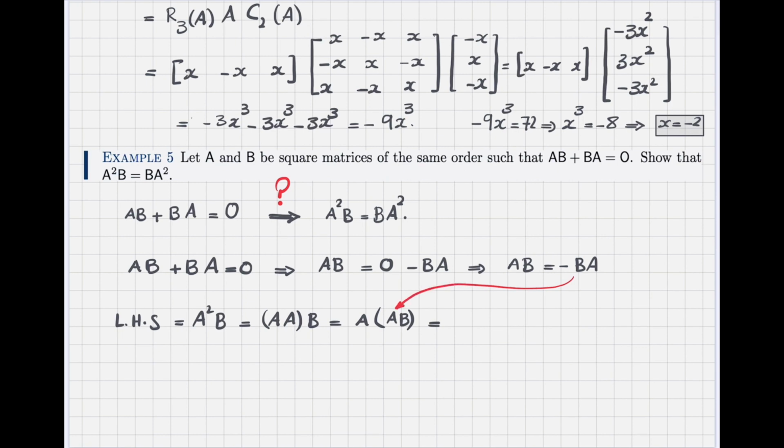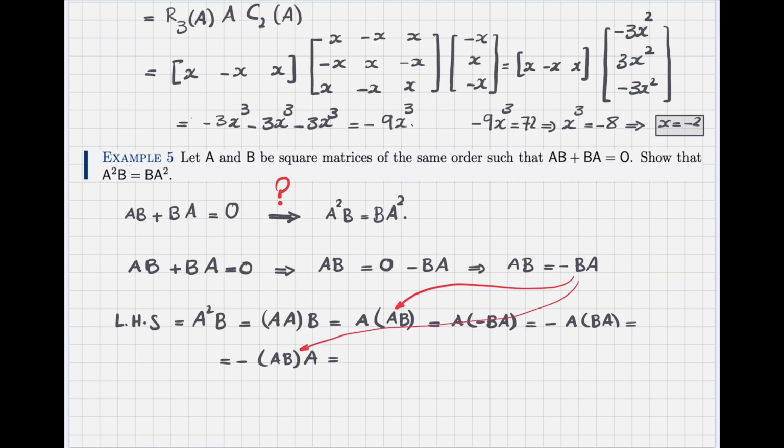So what happens, it becomes A times minus BA, and then of course you know that this minus sign can float around, so I can write it as minus A times BA, and then again I can use associativity. I can put the pair of brackets around the first pair, it becomes AB times A. But now what is AB? Again I use this once more here.